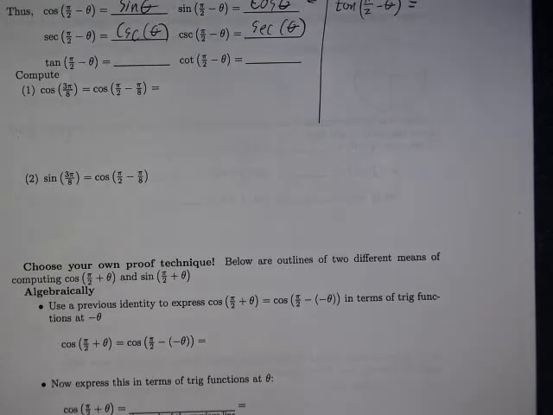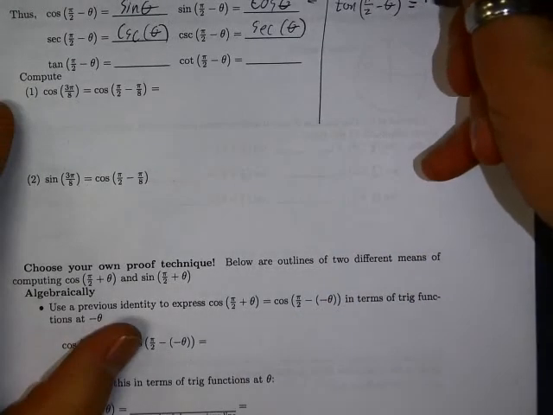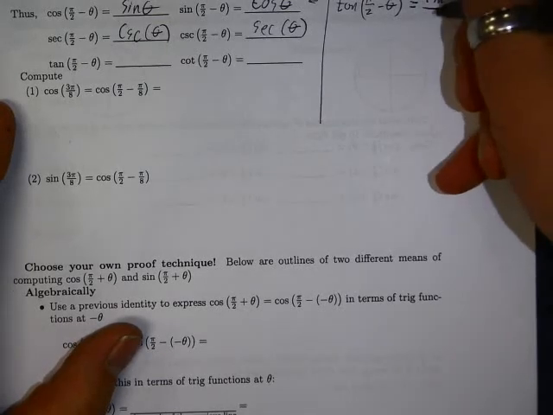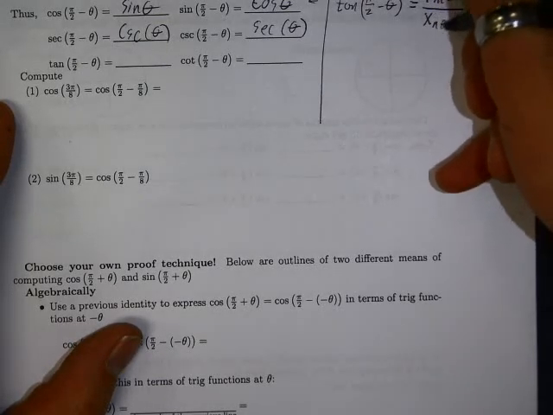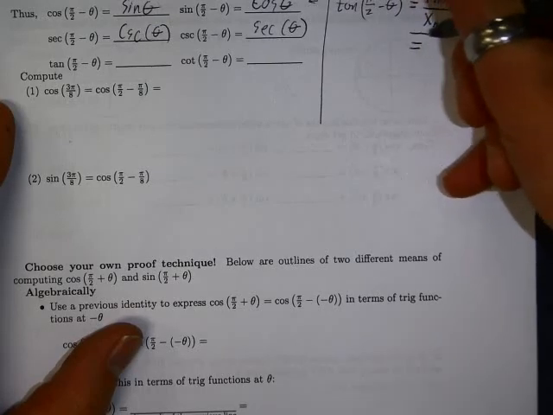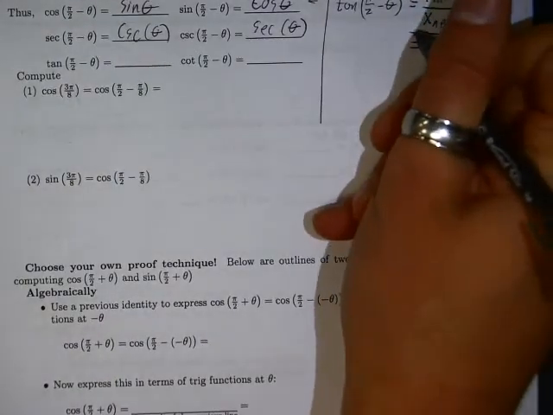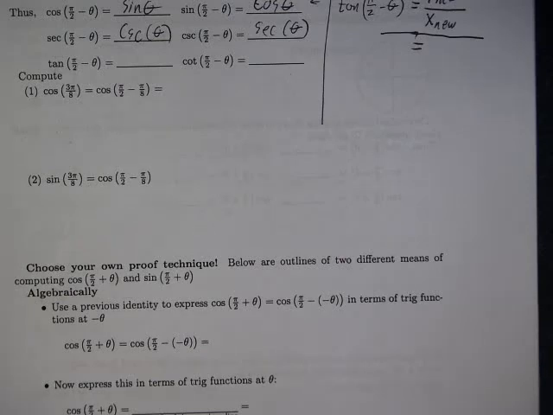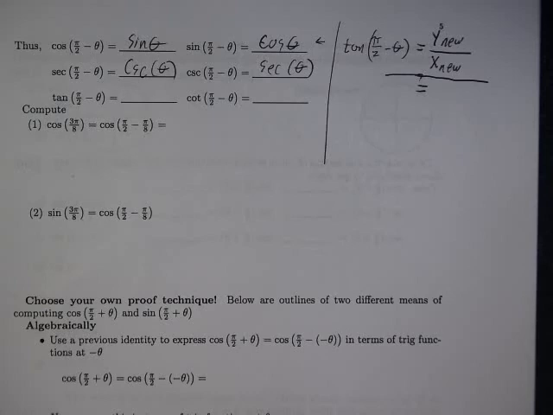Right, so if you rotate by an angle and you land at some point x, y, then what's the formula for tangent? It's y over x. So this will be the new y coordinate divided by the new x coordinate. But what is the new y coordinate in terms of the old coordinates? X old.